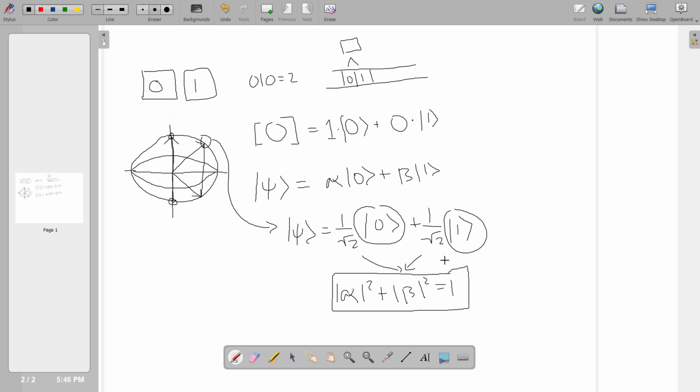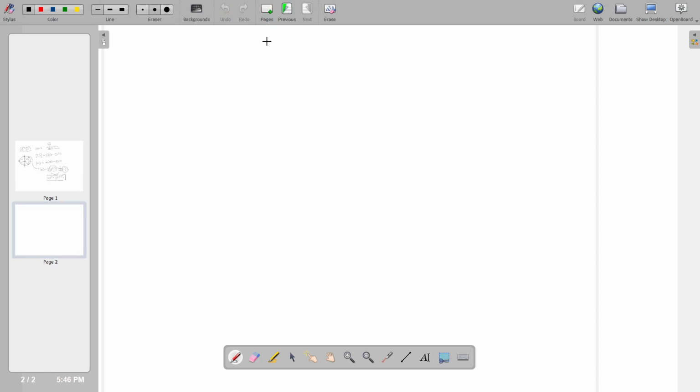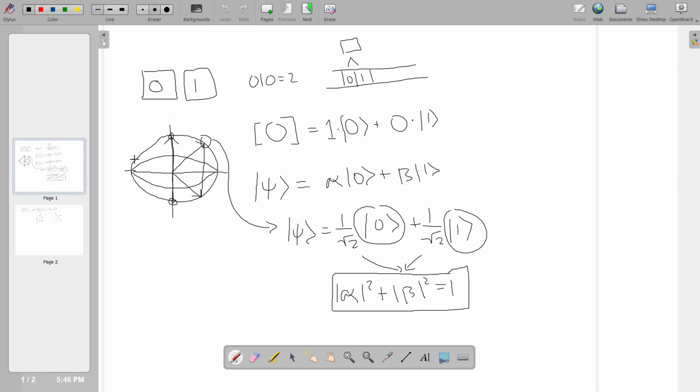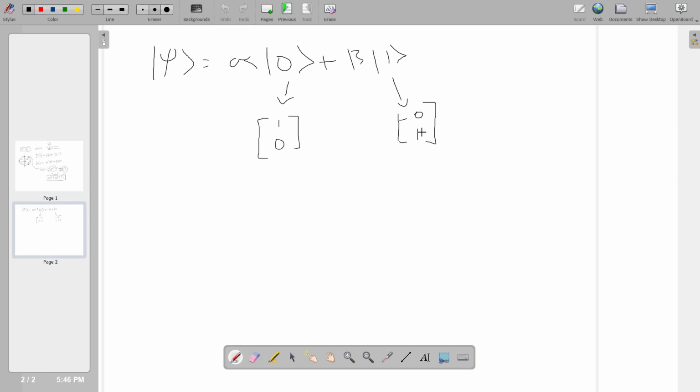When we consider what this means, obviously I don't want to go too much into Dirac notation right now, but if we have some wave function and we say it has these coefficients alpha and beta, what does this really mean? Well, this just represents the vector, this, and this just represents the vector here. And so you can see how this is spin up, pointing all the way to the top of the sphere, and this is spin down, pointing all the way to the bottom of the sphere.